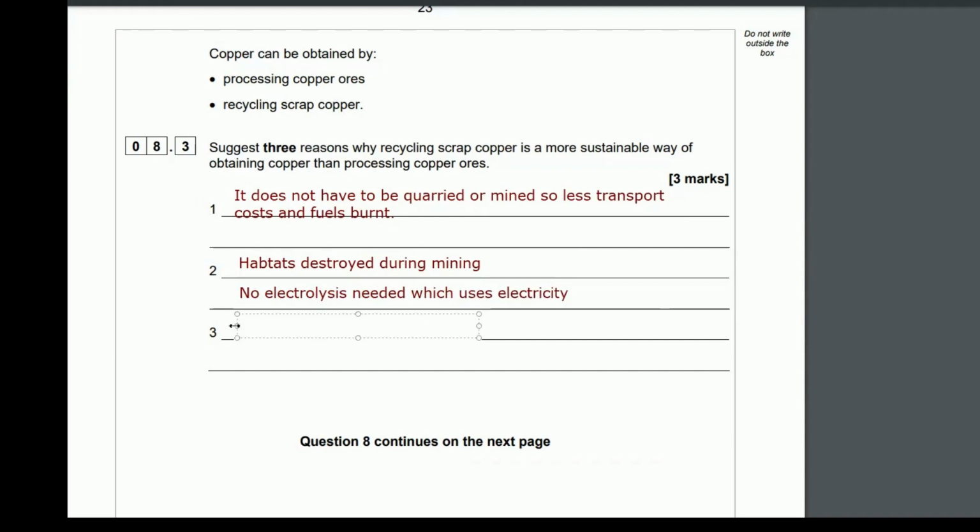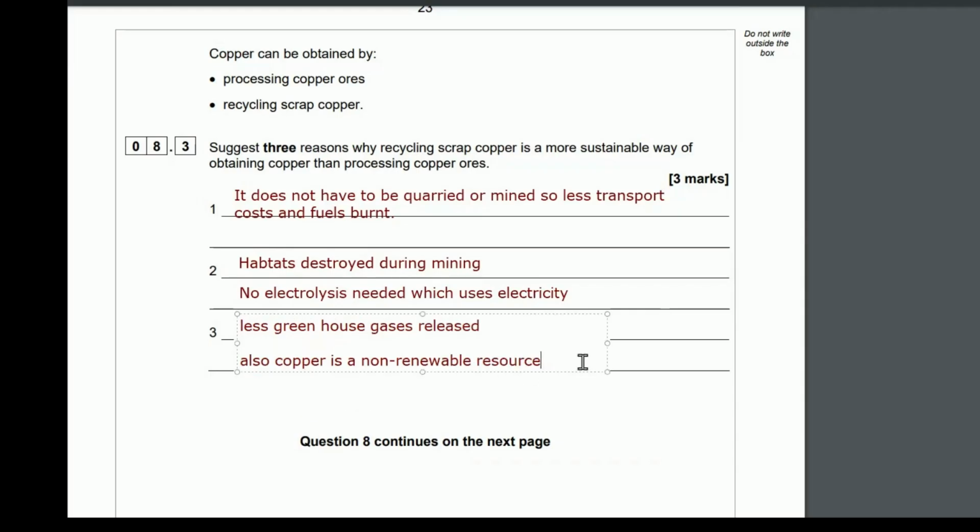Less greenhouse gases released, and also copper is a non-renewable resource. So more copper left in the ground for future generations.